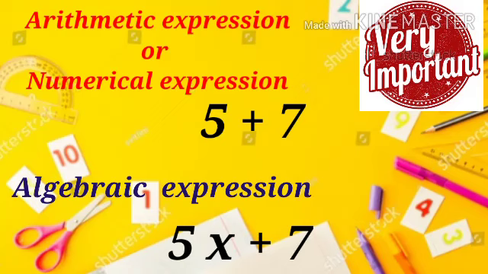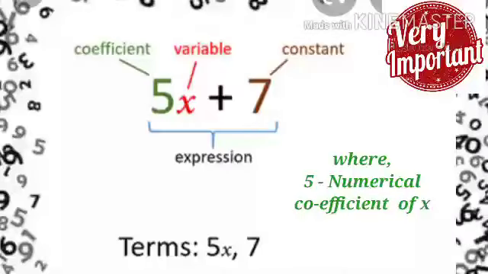For example, 5 plus 7 can be called a numerical expression. In this numerical expression, say if an alphabet x is present, for example 5x plus 7, it becomes an algebraic expression wherein the alphabet x is called a variable, while the numerical value in front of the variable x is called the coefficient of the variable x.